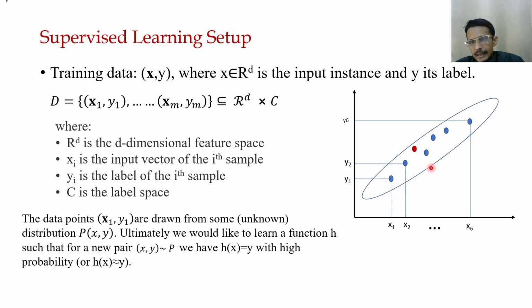Now, these blue dots are the given training data. So, you can say this is x1 and this is the corresponding y1. For this particular example, x is single dimensional. You can see that this kind of data points has been given. Now there is a situation when new data comes, meaning we get the x value.